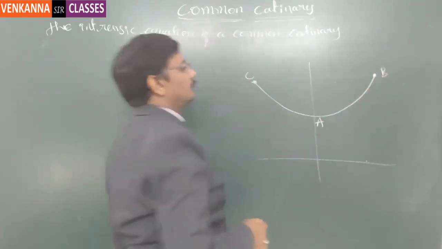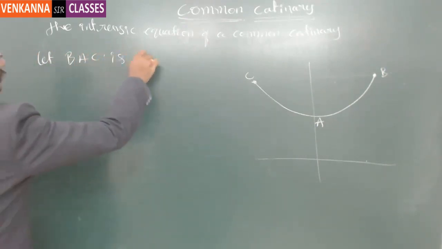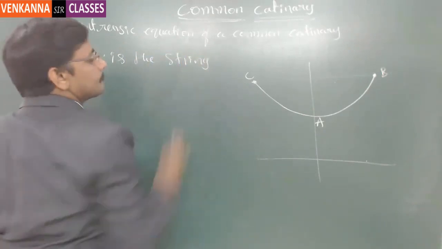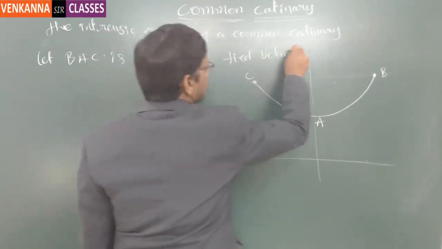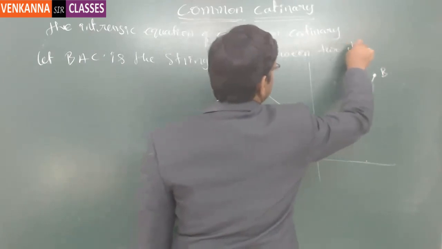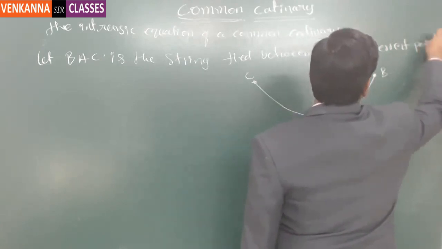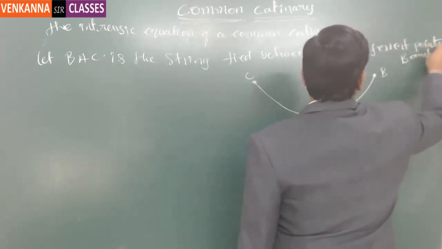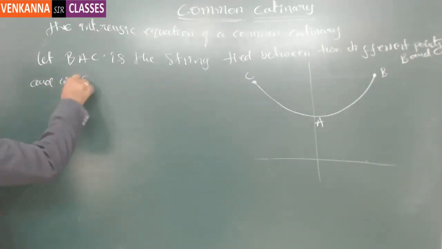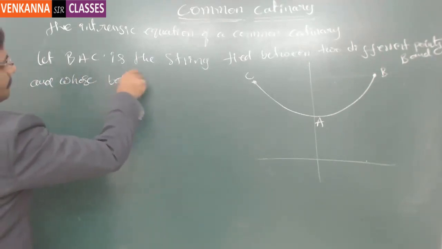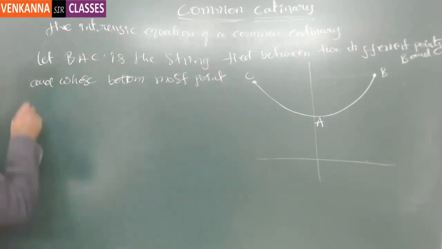So let BAC be the string tied between two different points B and C, and whose bottommost point is at A.